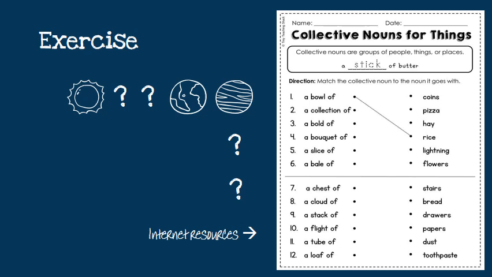A bowl of. A bouquet of. This is simple. A slice of. This is even simple. And a bale of. Something like that. Okay, I want you to try by yourself, and then take a picture and then forward it to me. Can you?